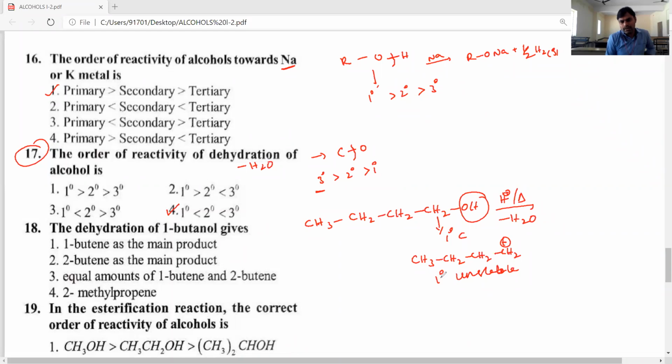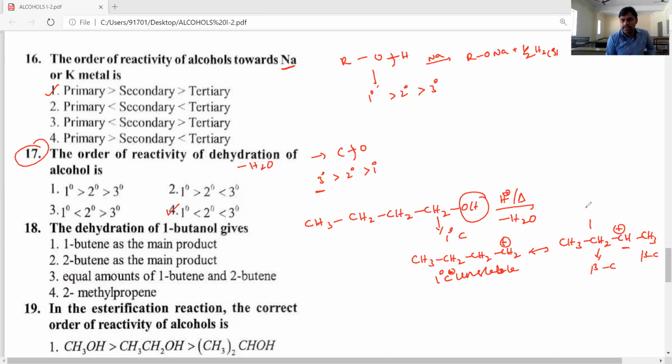Then it is rearranged to give CH3CH2-CH-CH3. Here there are two beta carbons, this is beta and this is also beta.